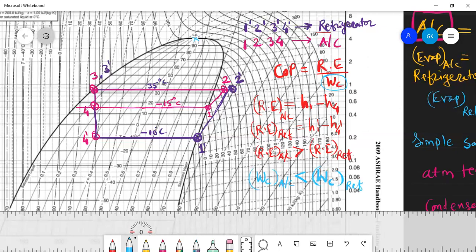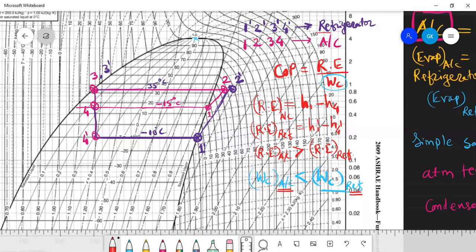So there is a very small difference in the refrigerating effect, but a large difference in the compressor work. That is why the compressor work requirement for the refrigerator is very, very high compared to the ACs. Therefore, the COP of the refrigerator is smaller. Why? Because it requires higher compression work.